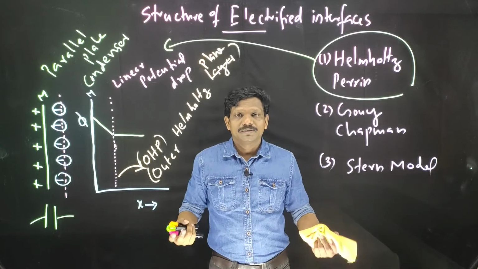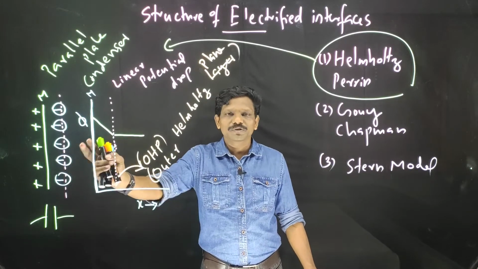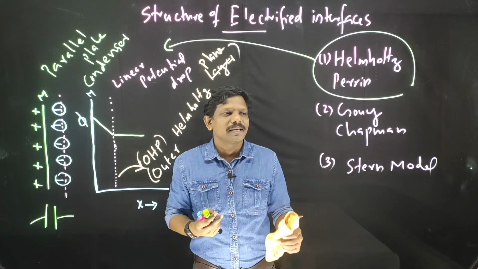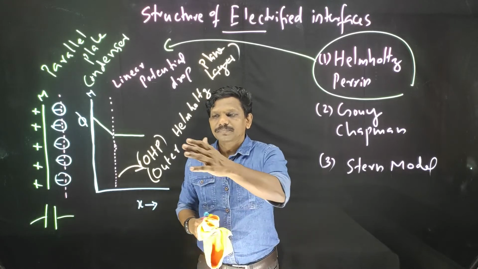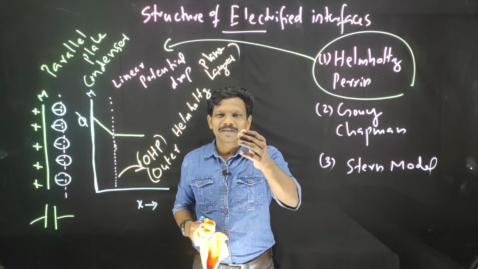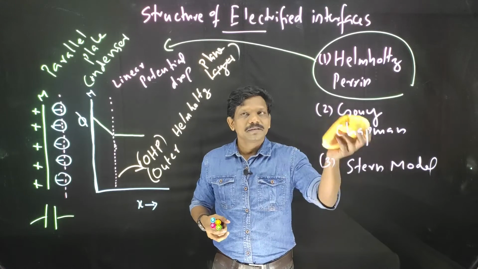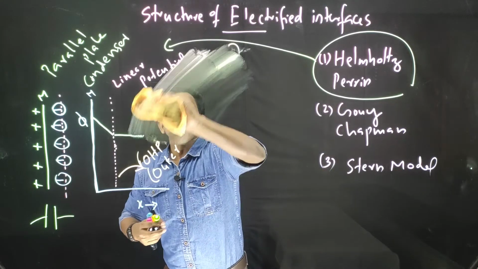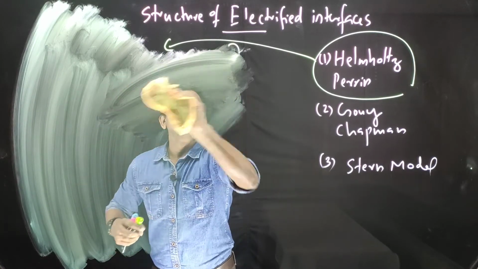Maybe some ions are stuck here, but most of the ions will be scattered. So he is actually questioning the existence of the outer Helmholtz plane. It may be there, but it is very weak, he is telling. So he explained the model in a different way, that I will tell you. That is known as the Gouy Chapman model.